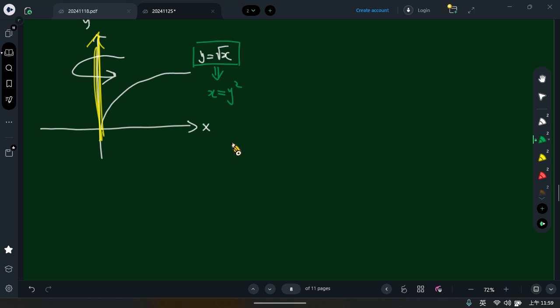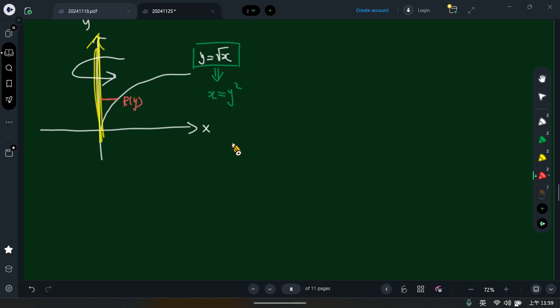Then each typical disk should use r of y, that means this one as the radius. Then you can get the shape just like this one. You will see the shape will be like this one.